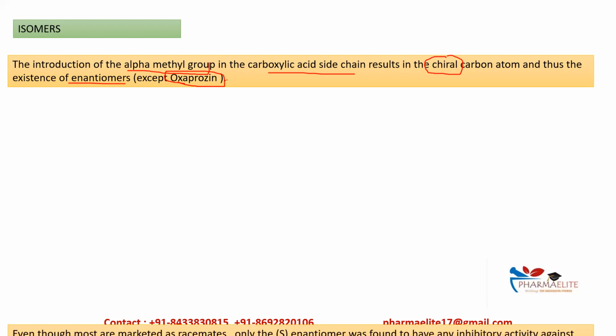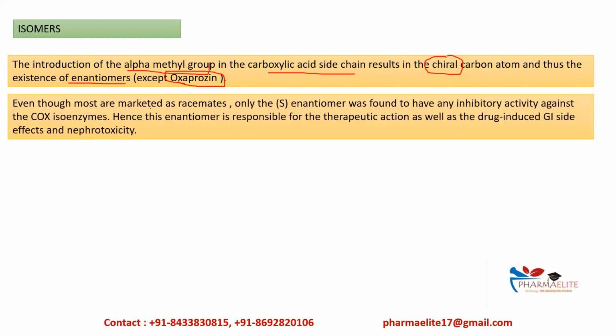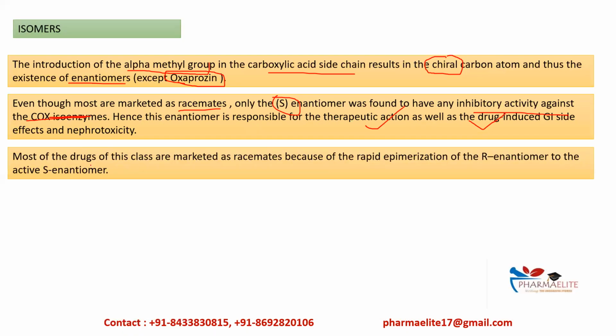Remember this. Even though most are marketed as racemates, only the S enantiomer was found to have any inhibitory activity against COX isoenzymes. Hence, this enantiomer is responsible for the therapeutic action as well as the drug-induced GI side effects and nephrotoxicity. Most of the drugs of this class are marketed as racemates.